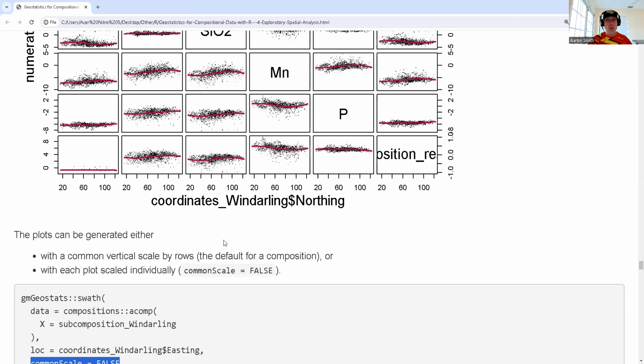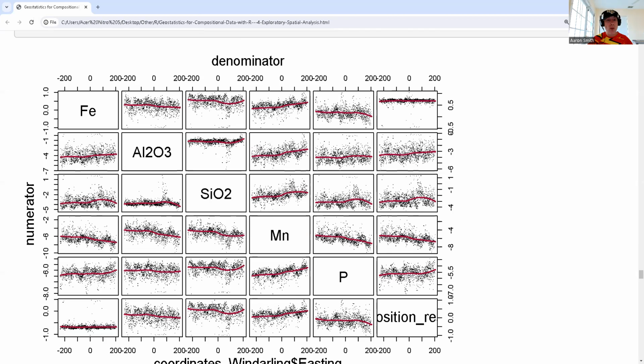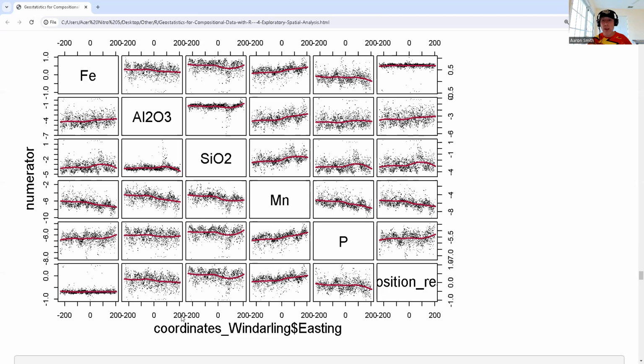You'll notice that I have constant east to west coordinates going on here. If I put common scale equals false, things will change slightly and we'll zoom in. It's going to take the largest value of the target variable for each row and the least value of the target variable for each row, and that determines the y coordinates.